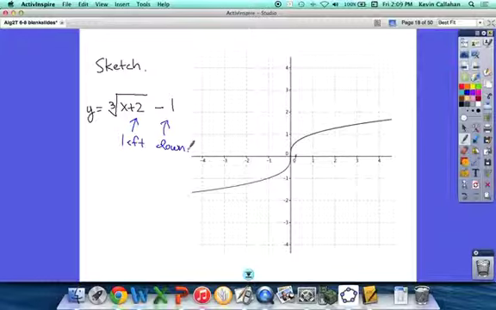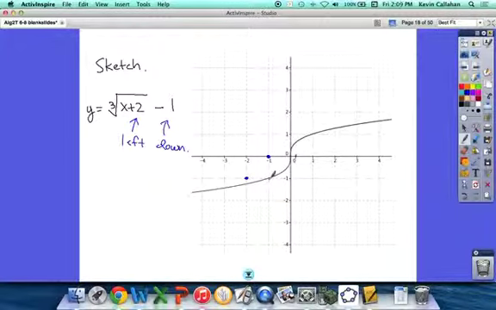Now, you can do that, take a few points. Just point for point, just move them left 2 and down 1. For example, the origin, we got the point 0, 0 on the parent function, so go left 2, down 1, right? It'll be there. How about we had the point 1, 1 on the parent function. We'll go left 2, down 1.